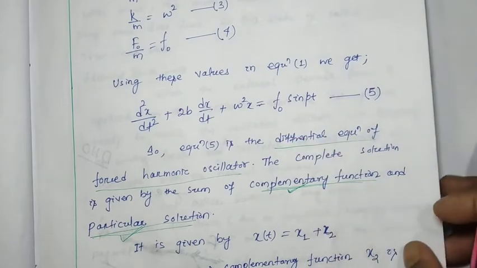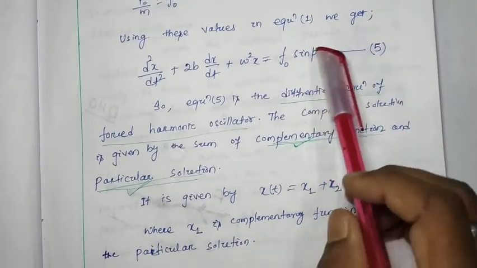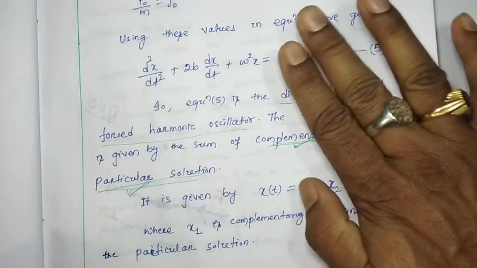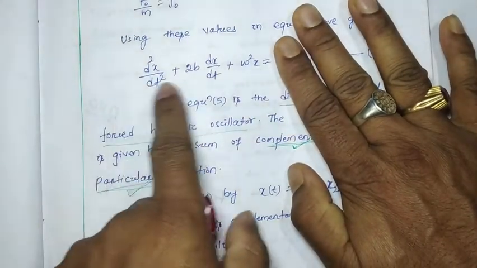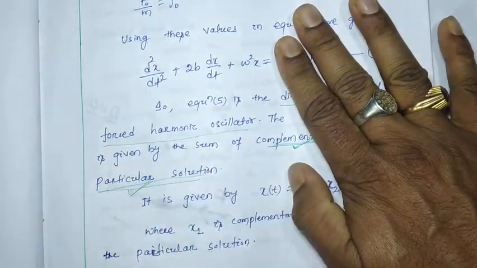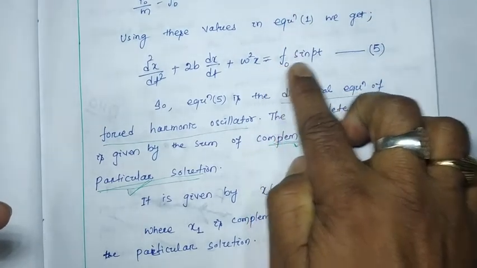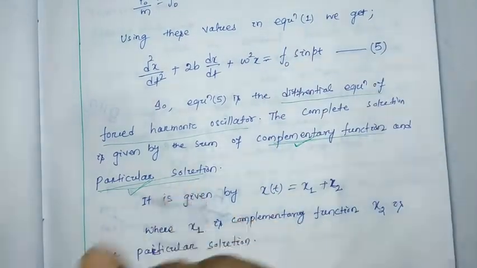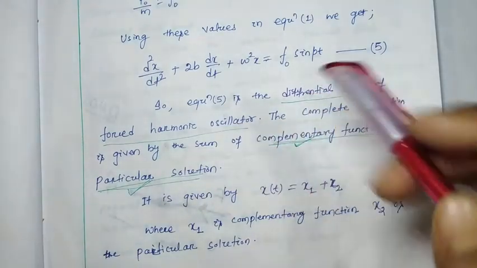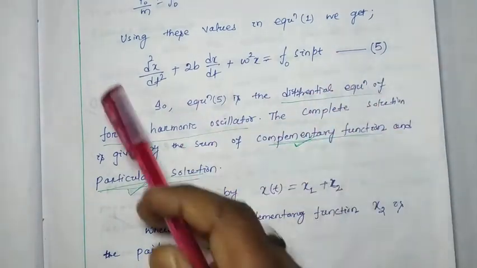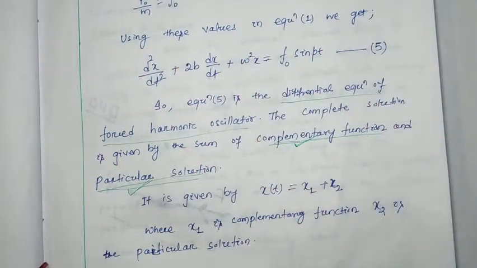So if we are going to solve this equation, first we have to set this much equal to 0, find the complementary function, and then consider the remaining part for the particular solution. In detail you are going to study it in your core paper 1.